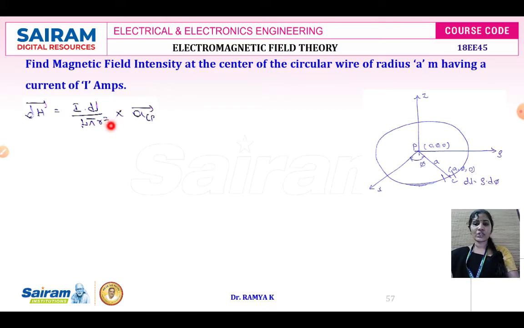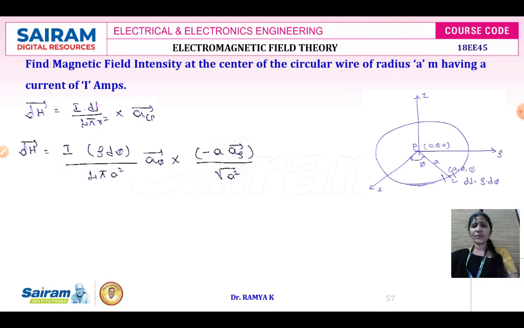R is nothing but the distance between cause and effect. dl is your differential current element, which is taken over here. Therefore, dl can be replaced as rho into d phi, which is equal to a into d phi. After doing so, we get the expression dH is equal to I into rho into d phi divided by 4 pi a cube.